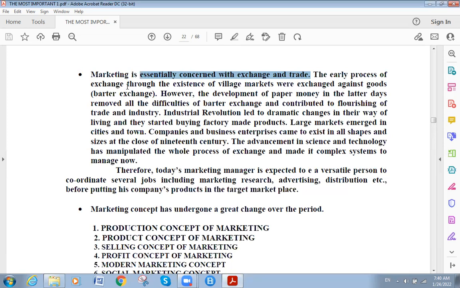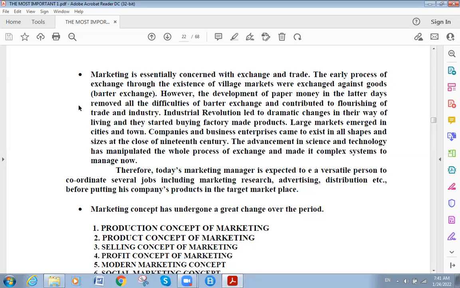The early process of exchange, through the existence of village markets, was exchanging goods against goods, or the barter system. Before people invented money, everything used to go as a barter system. In a barter system, you exchange something for another thing.